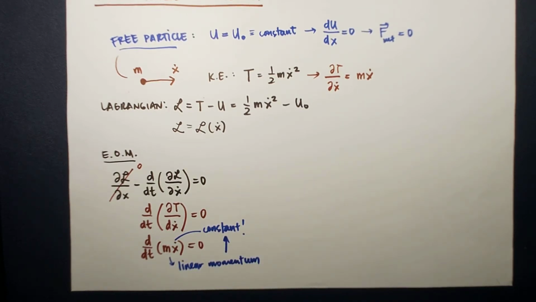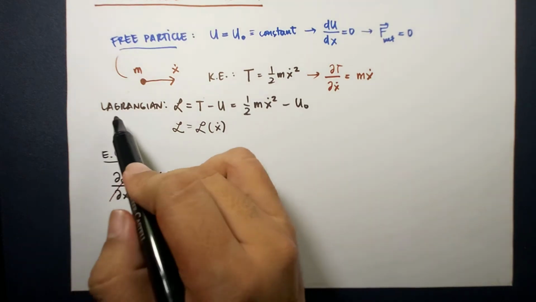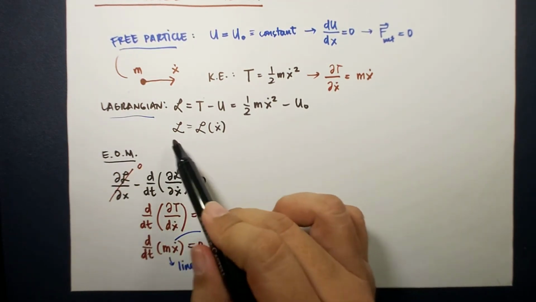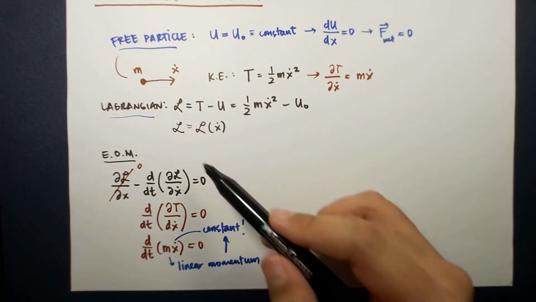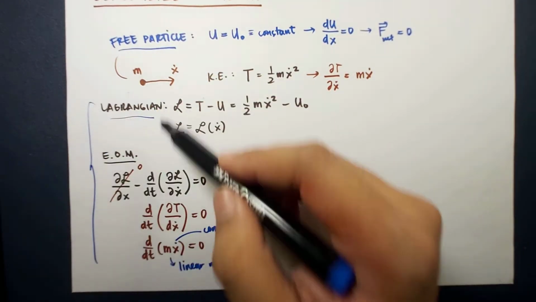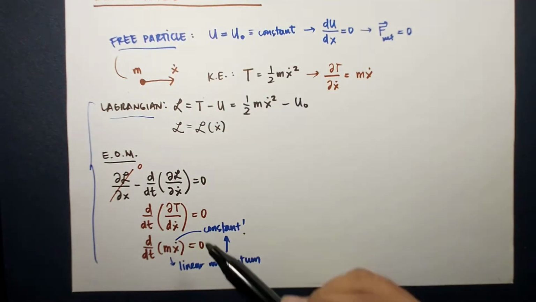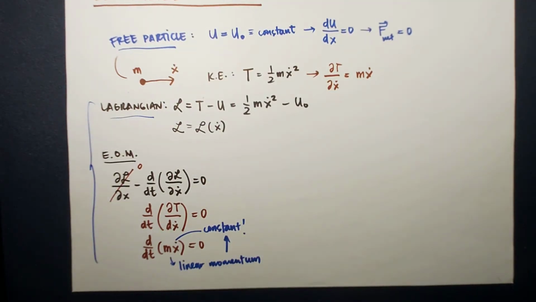Amazing, right? From knowing the Lagrangian, we found out that the linear momentum of a free particle is a constant, and this is your conservation of linear momentum.